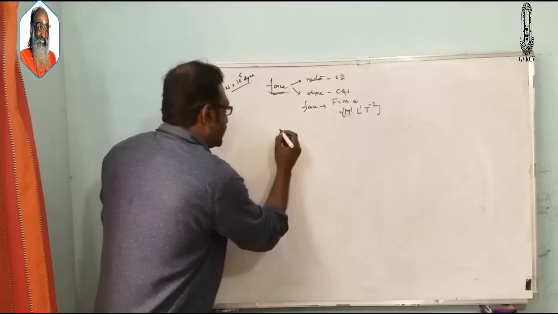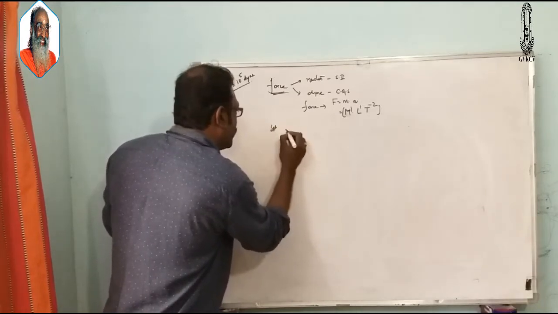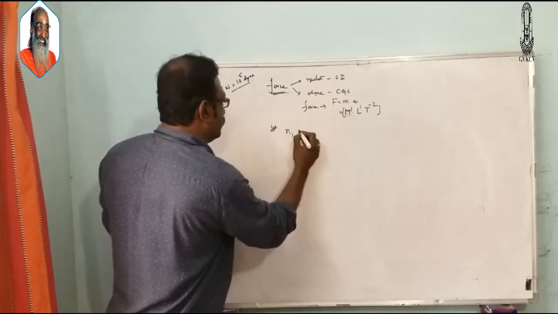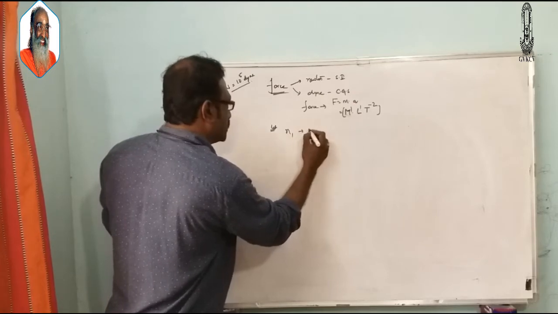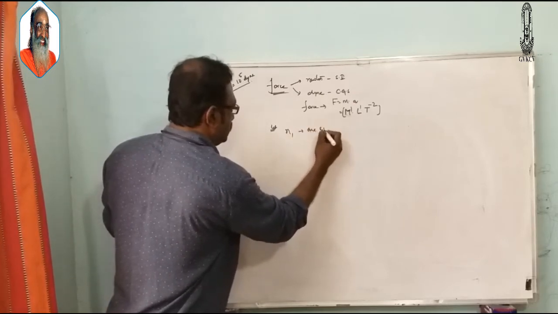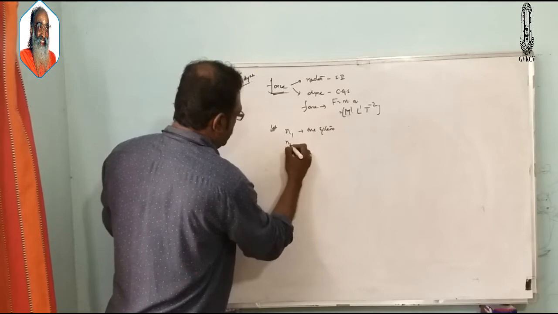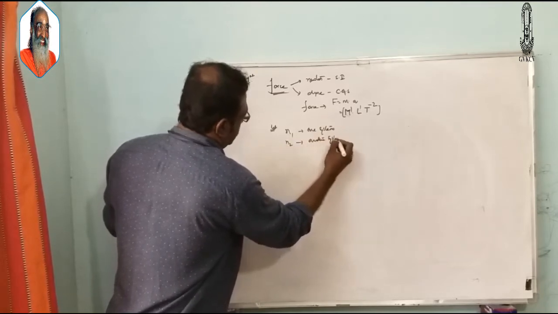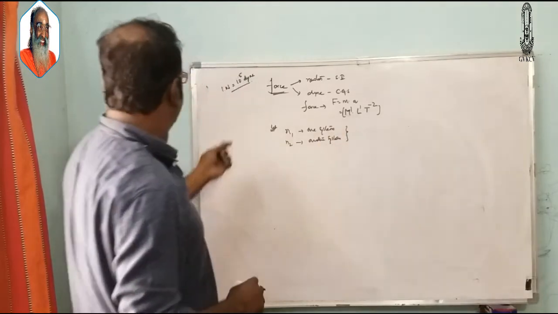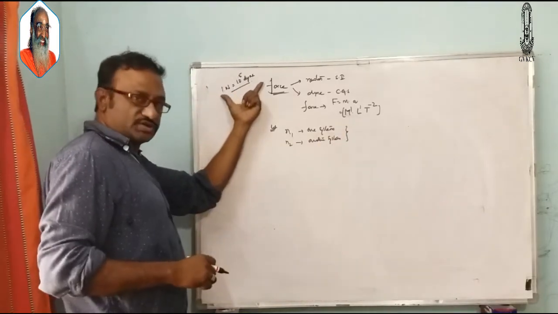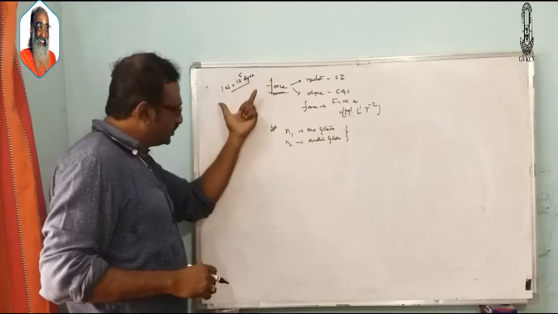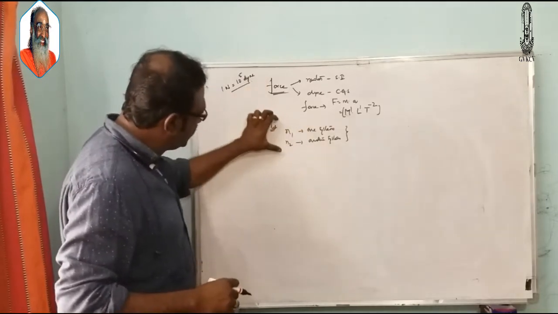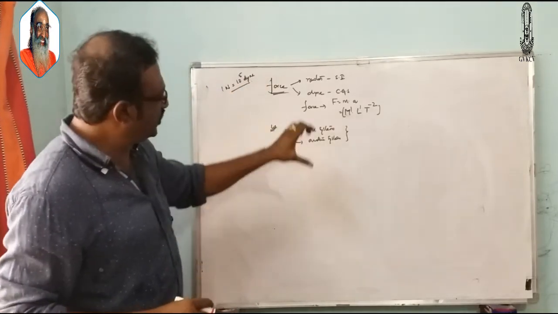Now let n1 be the value in one system and n2 be the value in another system. The meaning of this is, already you know 1 Newton is 10 to the power of 5 dyne. So n1 in one system is equal to n2 in the other system.